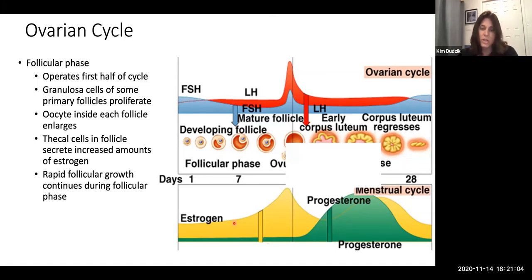But it's the estrogen that's really increasing because the follicle's getting bigger, that we start to see more and more LH occur. And LH isn't having an effect yet. But when we get the surge of estrogen, because the mature follicle is so big, it's producing a lot of estrogen, that triggers a surge of LH. And LH, the surge, causes the ovulation.